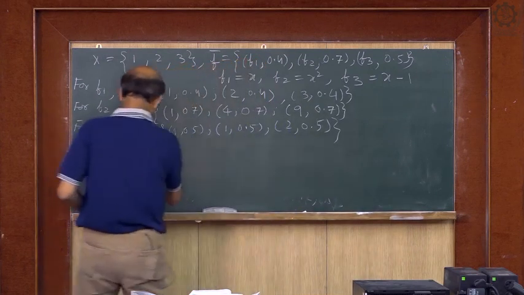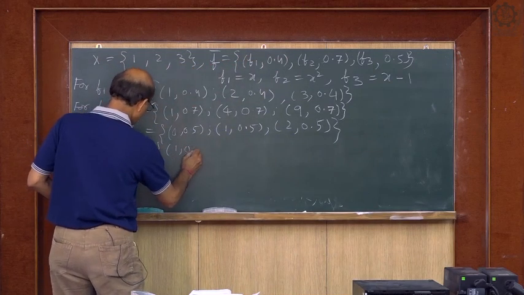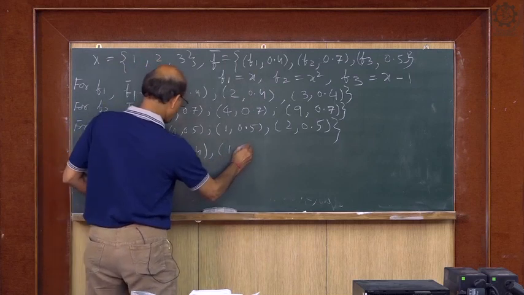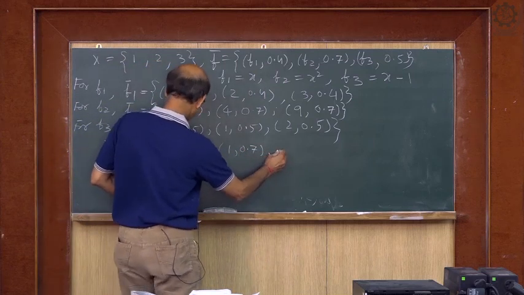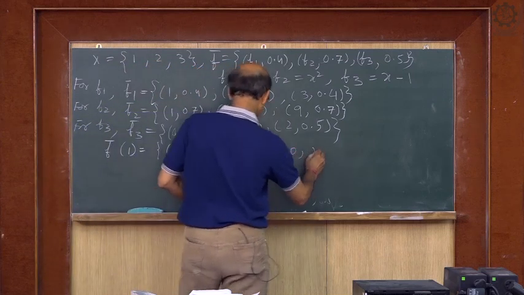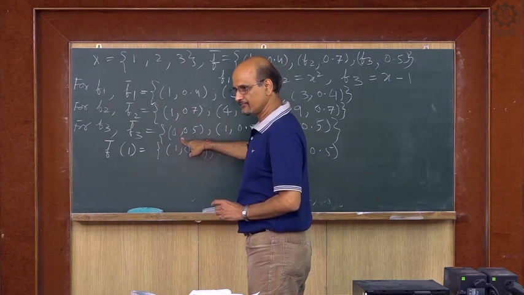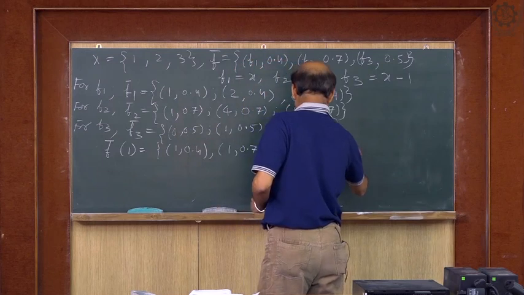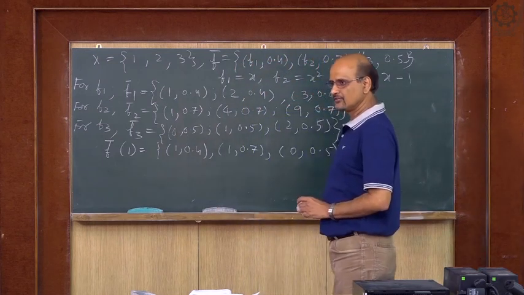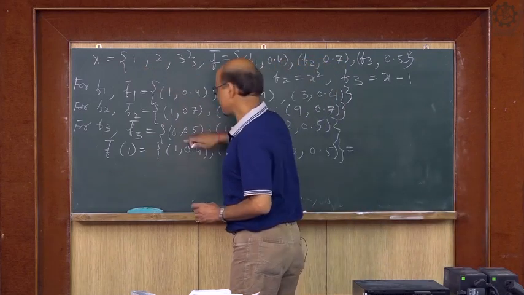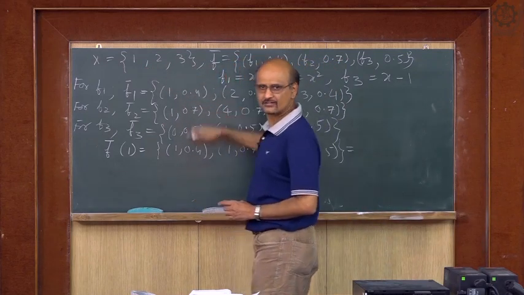So, I can have 1, 0.4, 1, 0.7 and 0, 0.5, or not? This is coming from 1, for 1 it is coming, all this.